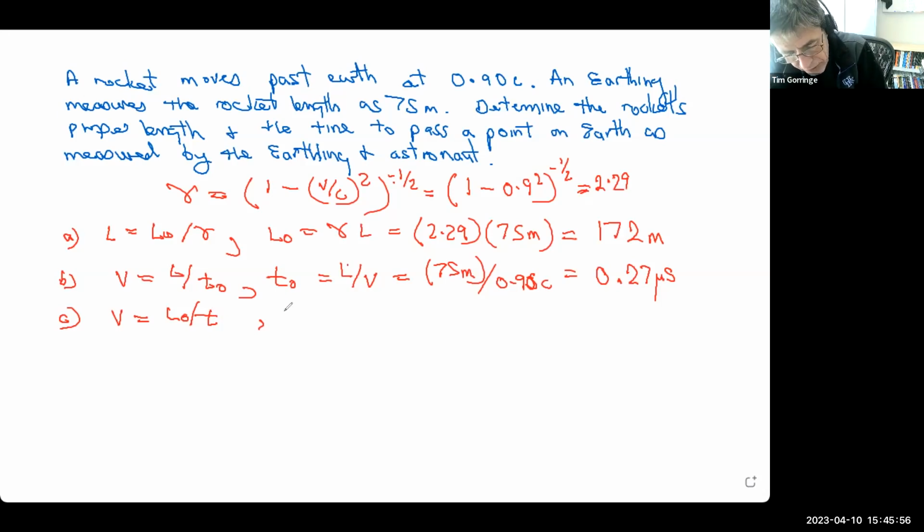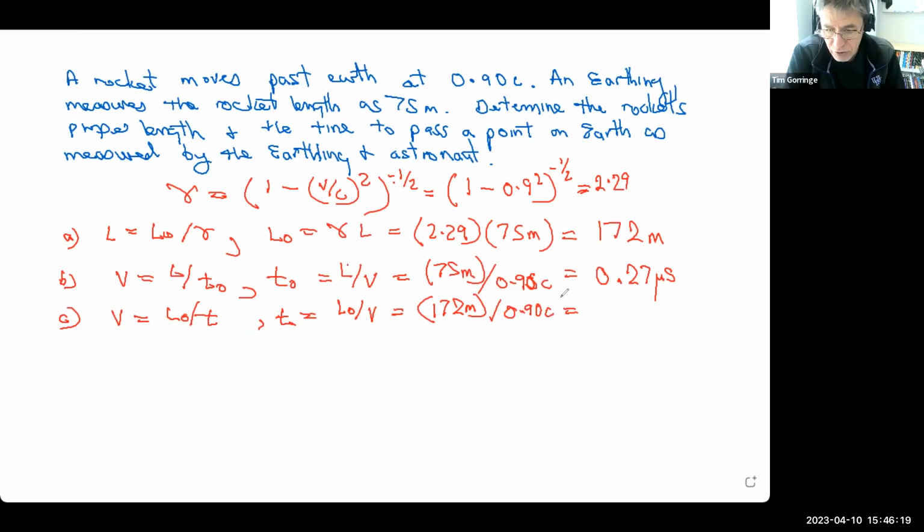And so if I rearrange this equation, I'm going to get the elapsed time, which is the dilated time, is going to be L naught over V. The L naught is the 172 meters. That was the proper length of the rocket. The V is still the 0.90 c. The astronaut sees the Earth moving with the same speed that the Earthling sees the astronaut moving.